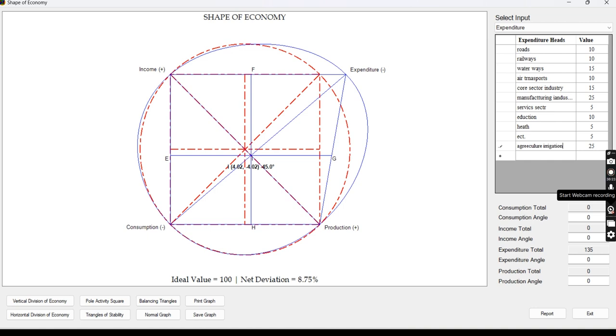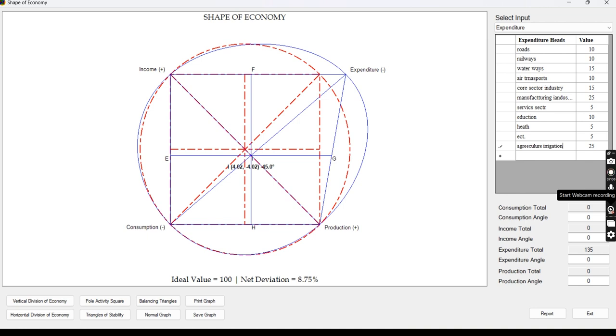Why? The ideal square, earlier appearing in red dotted line, has income, consumption, production, and expenditure each with a default value of 100. So in any case of input, you have to add more than 100.